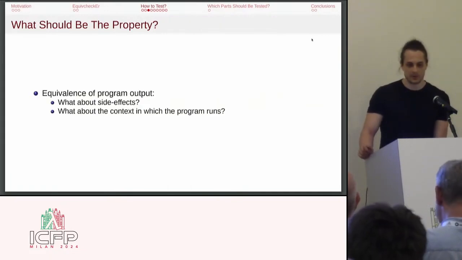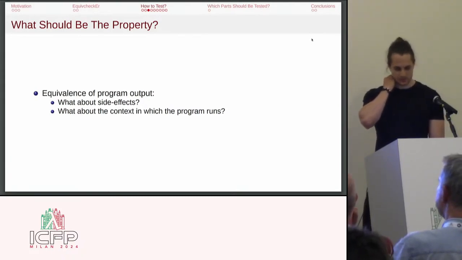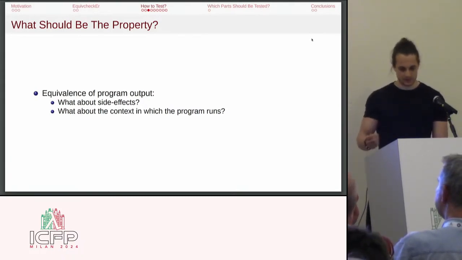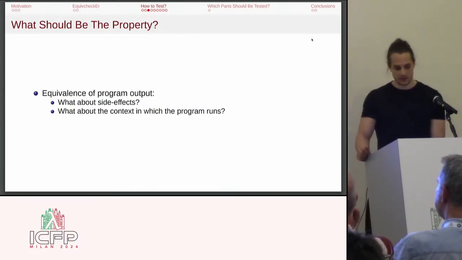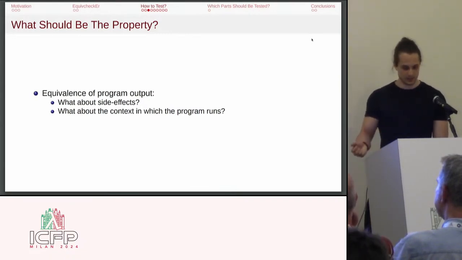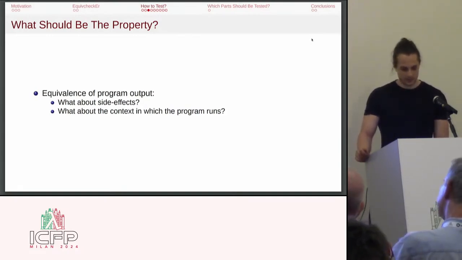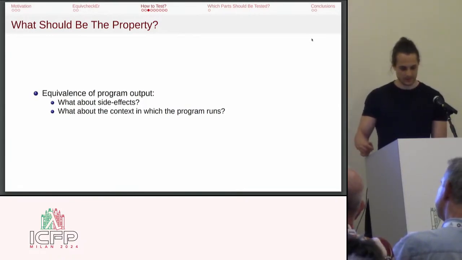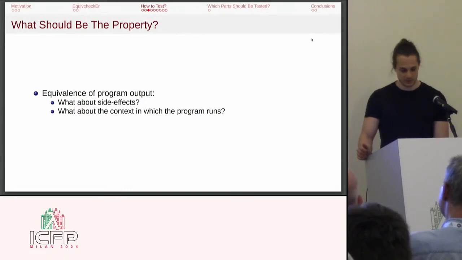So what should be the property if you wanted to check the correctness of the refactoring? Our first thought would probably be that we could just evaluate the program and compare the output. And just to clarify, by program I don't mean a whole Erlang application, but just like single unit of computation, like a function. And the problem with this approach is that it doesn't take into consideration the fact that Erlang functions can have side effects and like input, output, or exceptions.